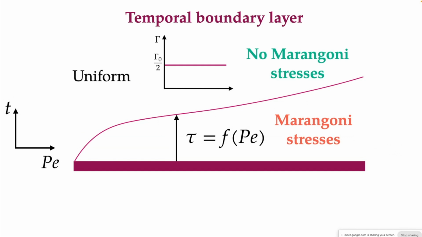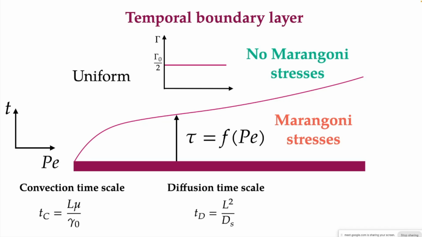Further on, now we'd like to express this thickness in terms of Peclet. So we do scaling for this. We have a convection time scale, which is the visco-capillary time. We have a diffusion time scale, which is this. Based on this, we get this diffusion time, and our tau now scales as Peclet.